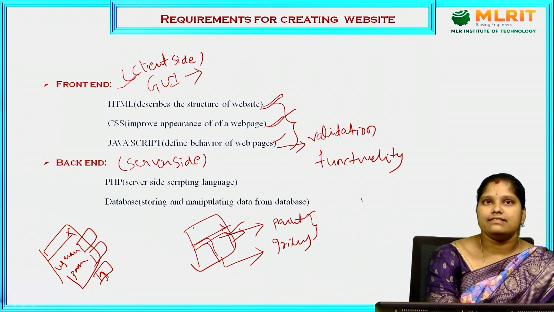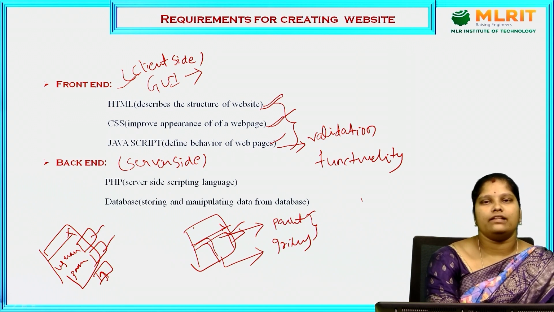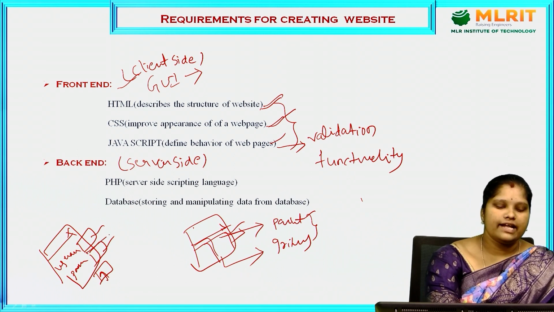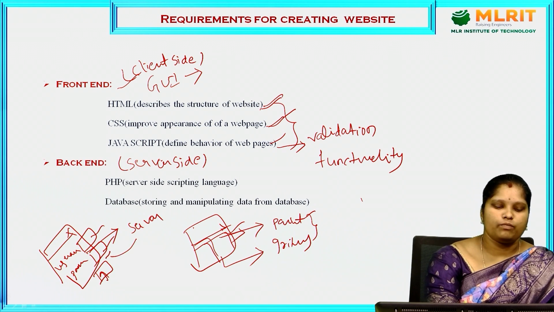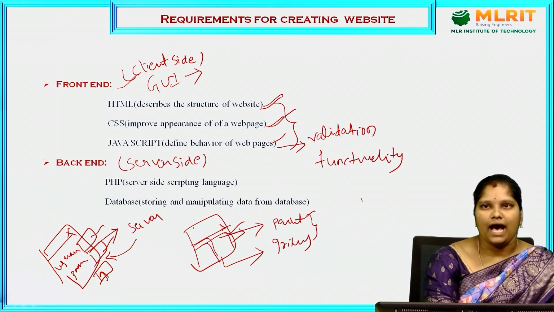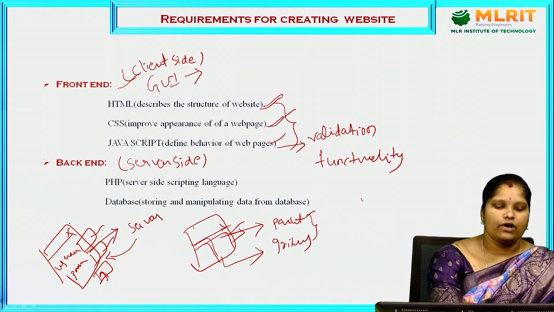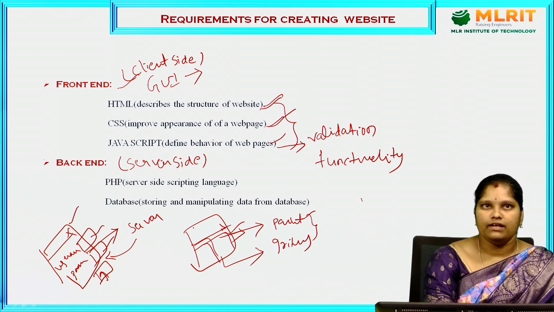Then JavaScript checks whether these credentials are valid or not. If they are valid, then it sends a request to the server, and then the server gives the response to the front end part. This is the work of JavaScript.